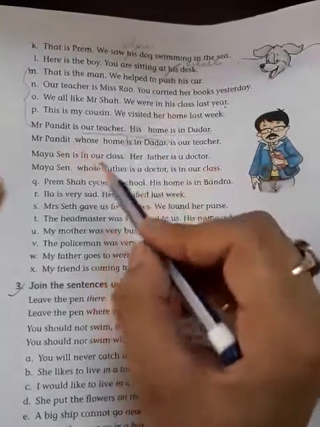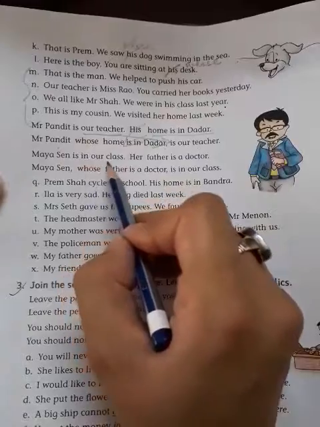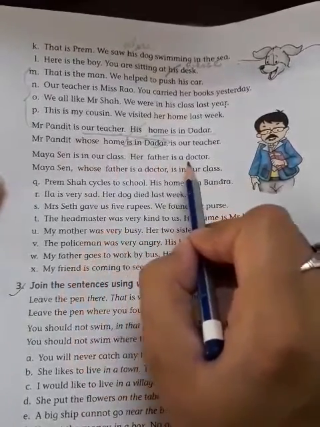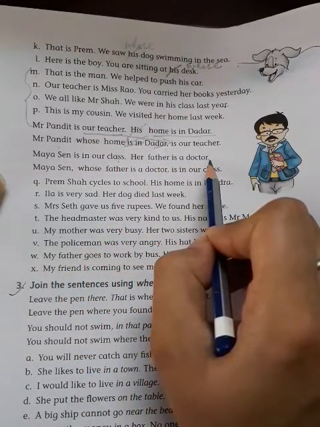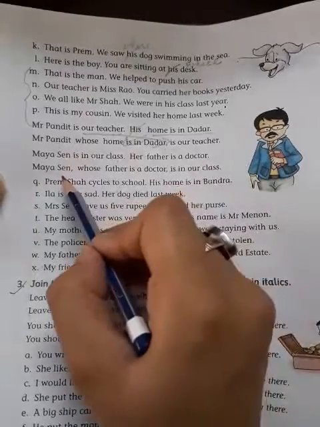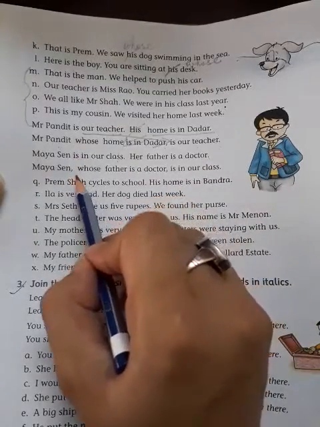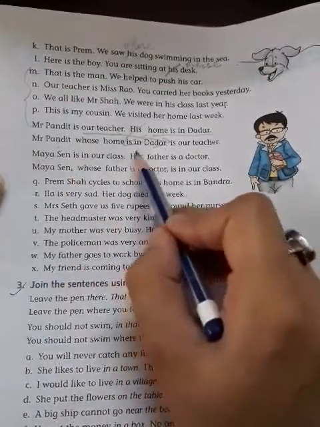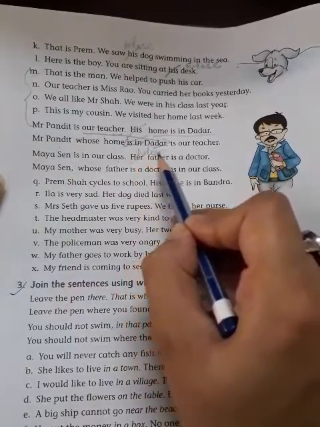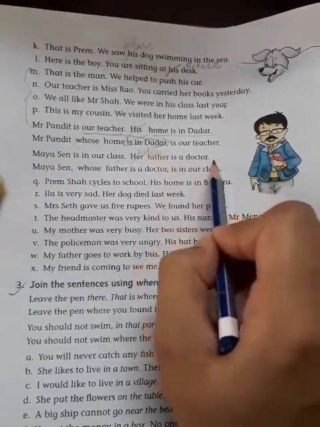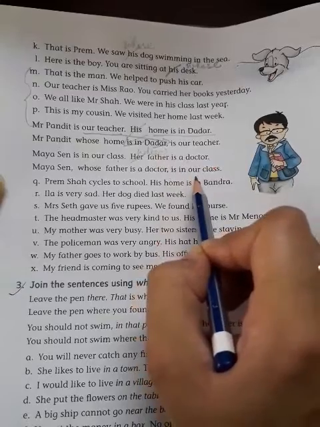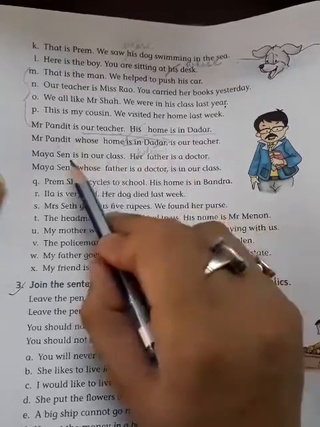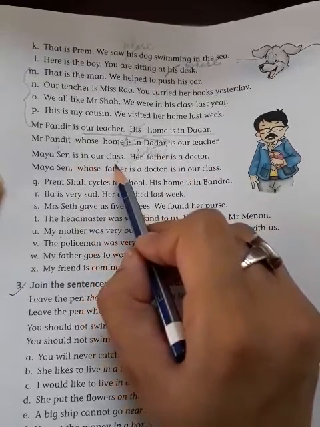See the second example. Maya Sen is in our class. Her father is a doctor. How is this to be done? Maya Sen will be copied down. Then we have to put a comma. Her we will strike off. Whose is to be added here. Whose father is a doctor, comma. Then we have to go back to the first sentence: is in our class.